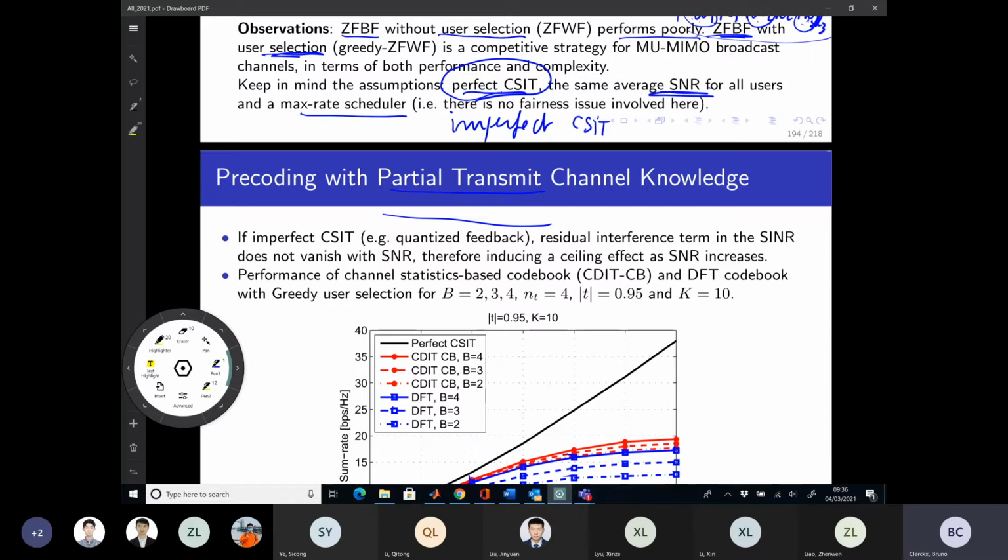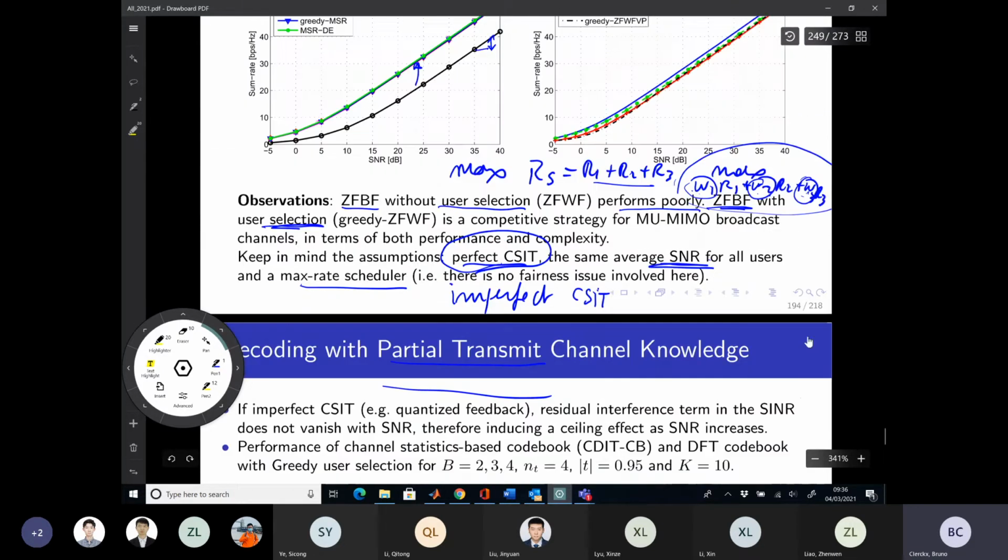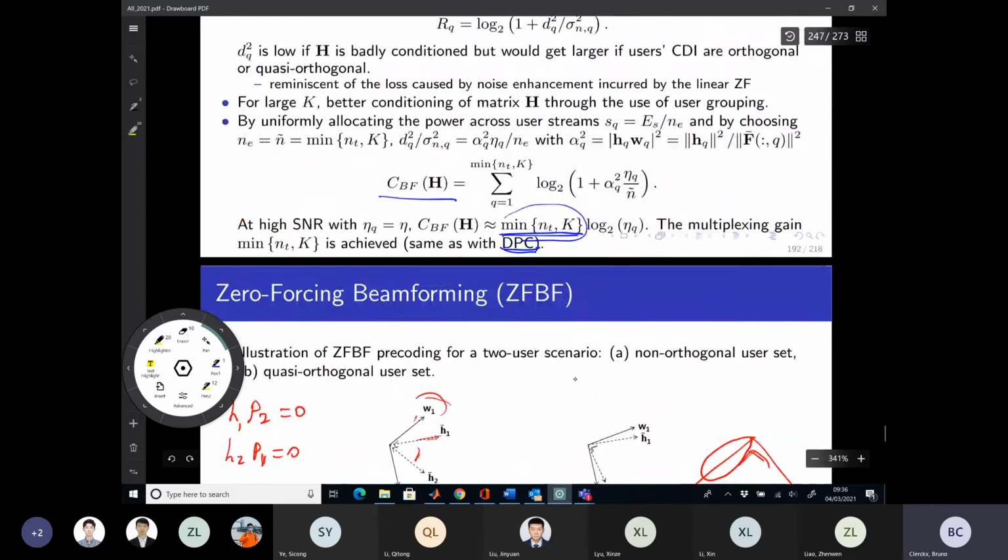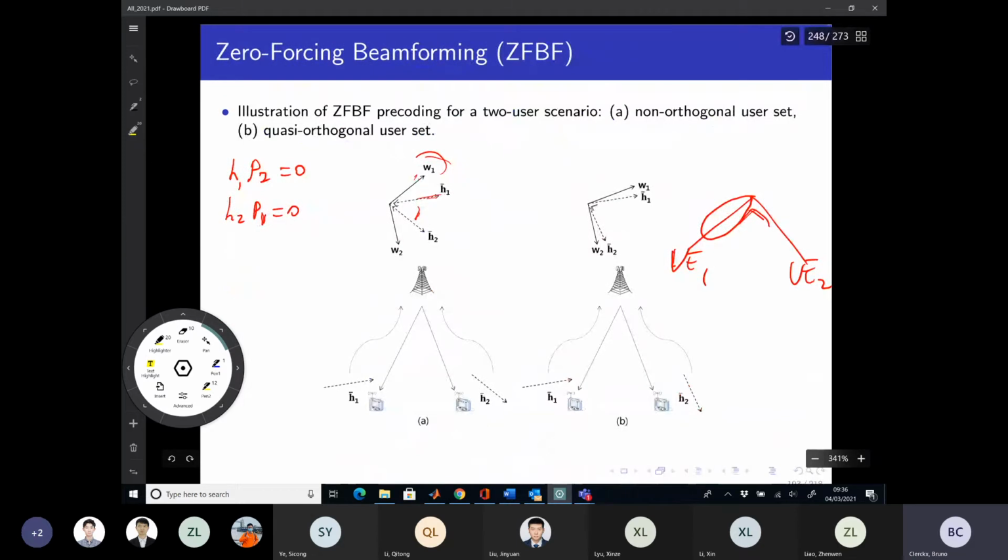Where may this come from? Well, you can imagine, I have this example here, I have two users, I have a base station, I have the channel of user 1, the channel of user 2. What I explained in the past is that the transmitter would have to acquire those channels H1 and H2 to the transmitter, right? So in TDD, you would use channel reciprocity.